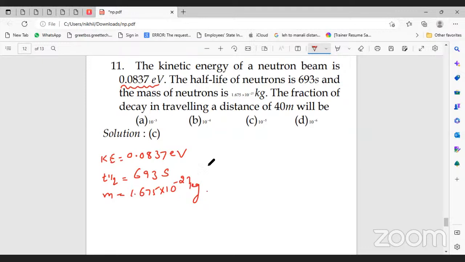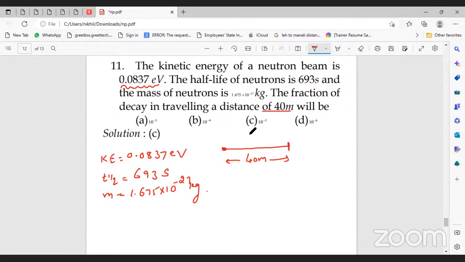What is the fraction of decay in traveling a distance of 40 meters? After traveling 40 meters, what fraction is going to be decayed?